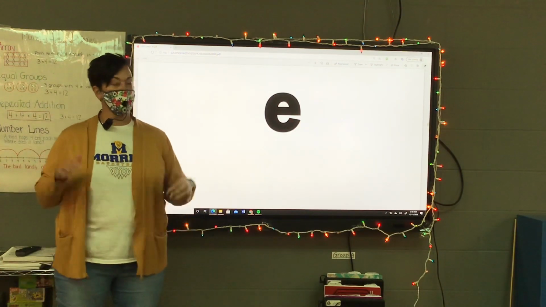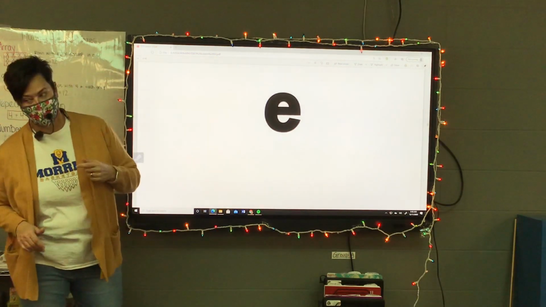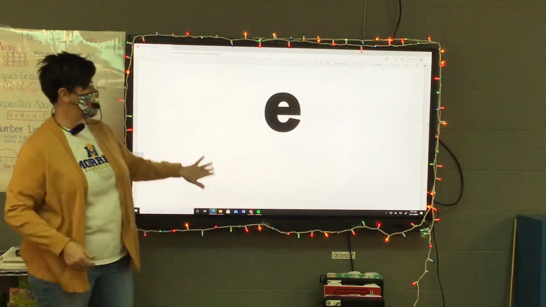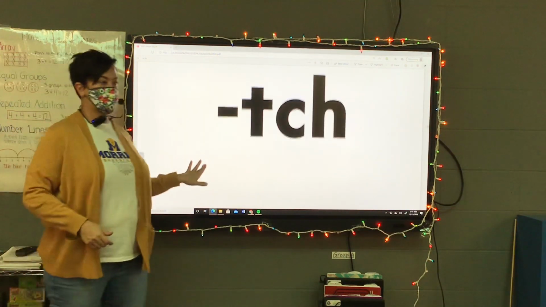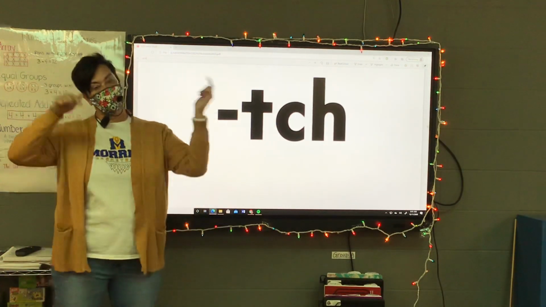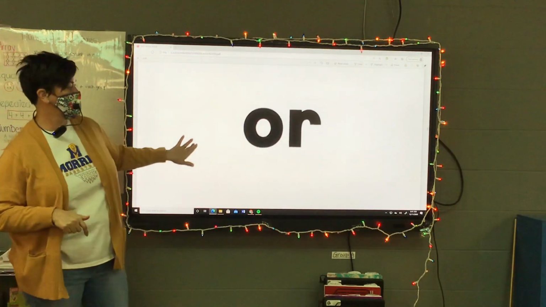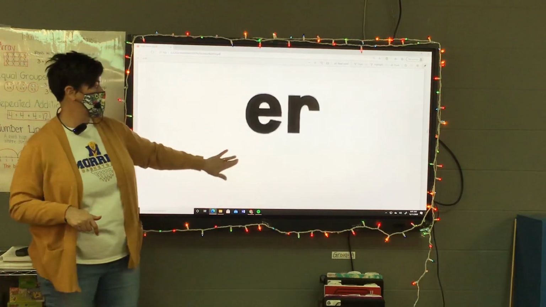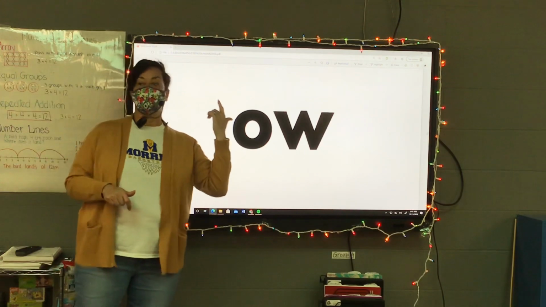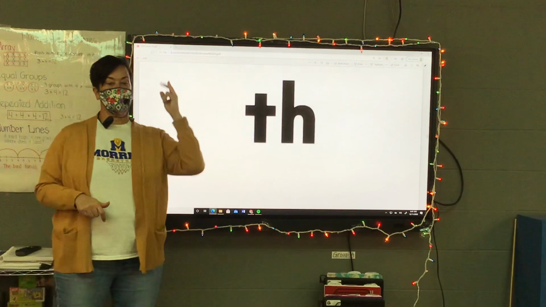E. Which one is long? E. So then that means which one is short? Ch. At the end of a word, again, what's right in front of it? A short vowel sound. Or. Ow and O. And th.